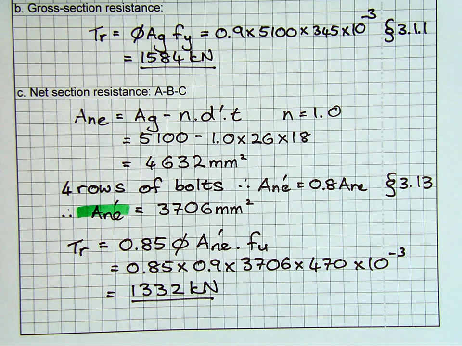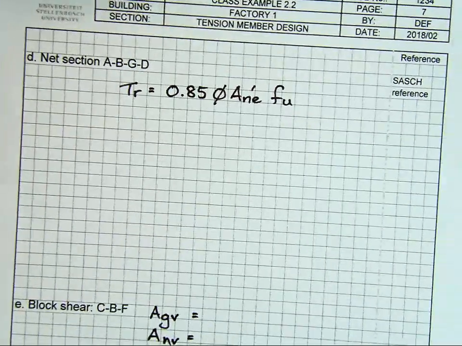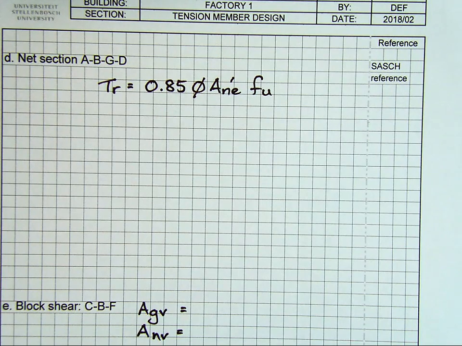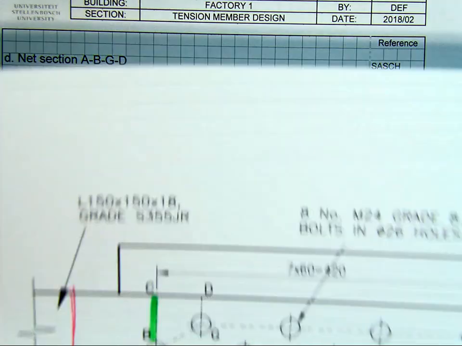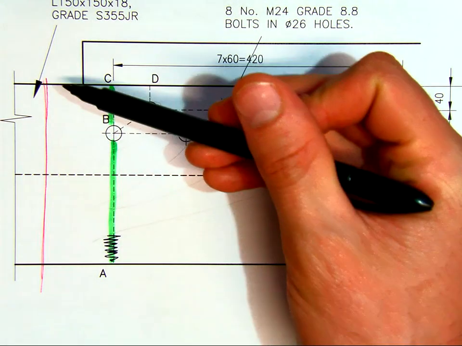Then we can move on to looking at different failure zones and modes, and there are various ones that could occur. I'm going to first look at the net section along what we're going to call ABGD. So if we take this here, there's our cross-section. We've checked our gross area failure.